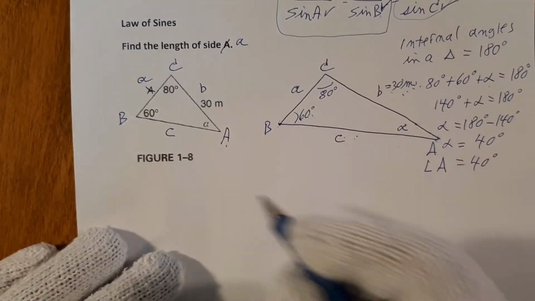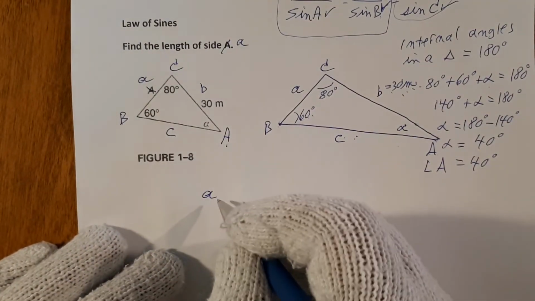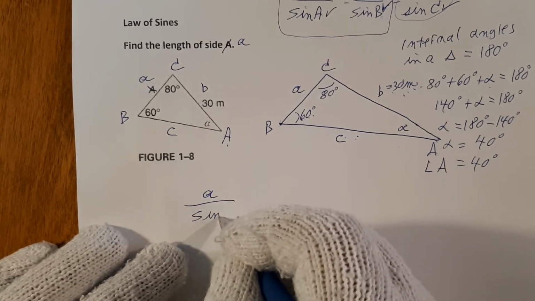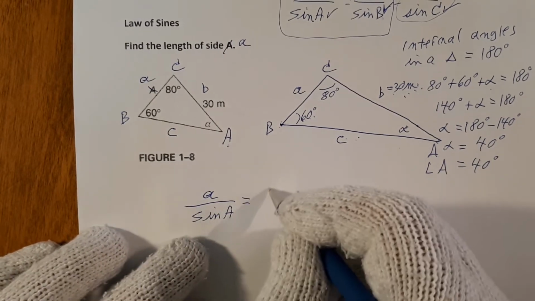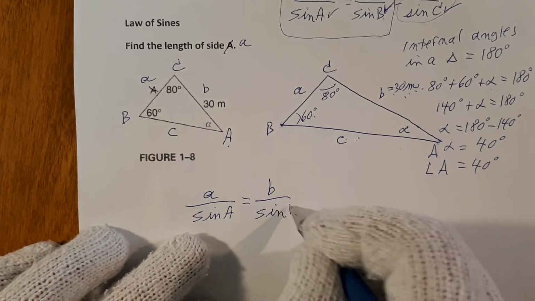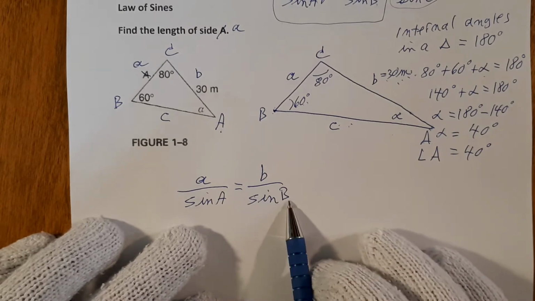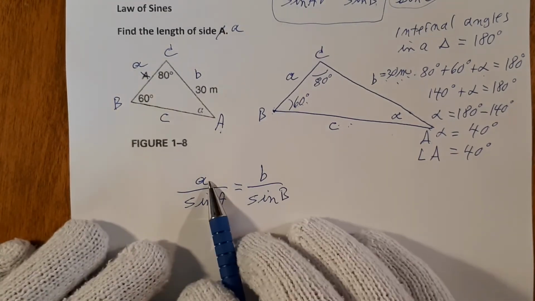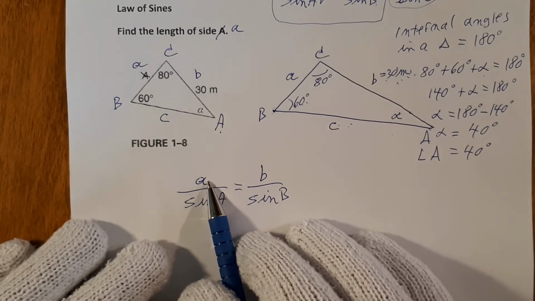We're writing them down here. The length of side A, which we don't know, is equal to sine of the angle A. That's equal to the length of side B divided by the angle of sine B. Now let's put in the numbers of what we do know. We don't know what A is.